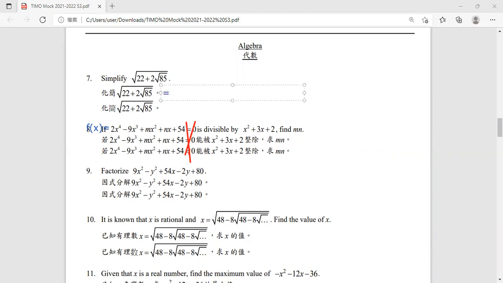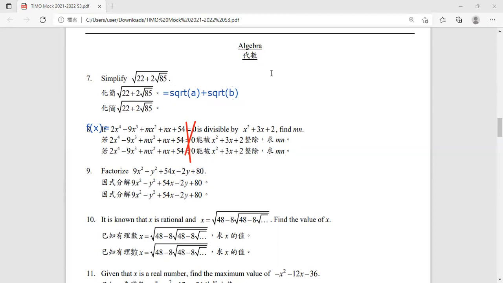Please consider that if I can simplify this one, it becomes square root of a plus square root of b. Then you square both sides.